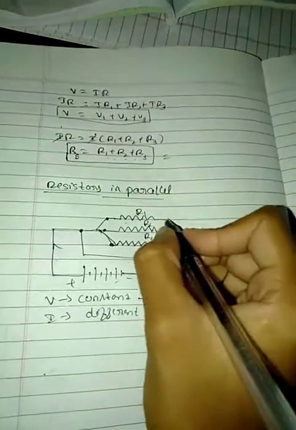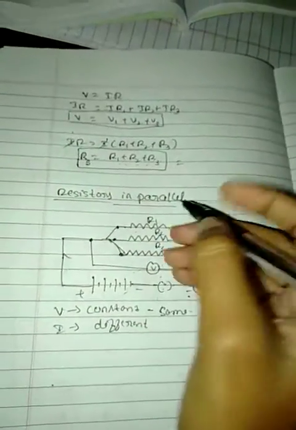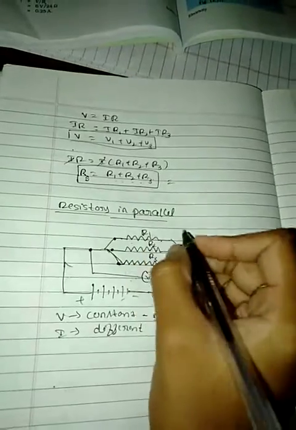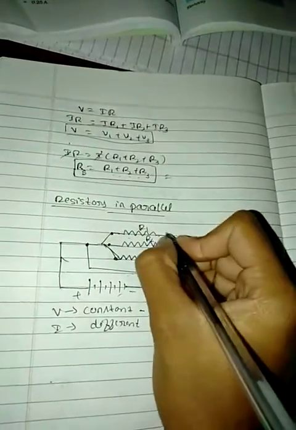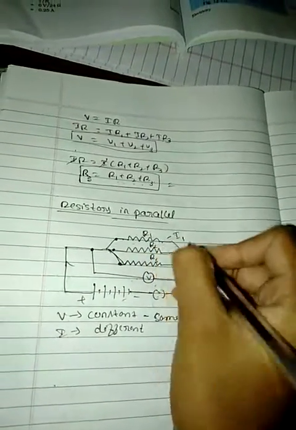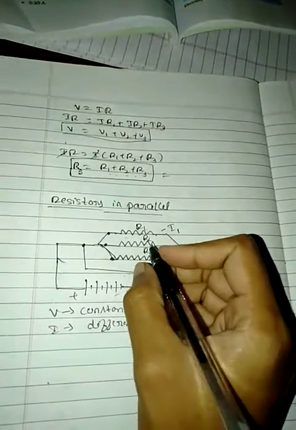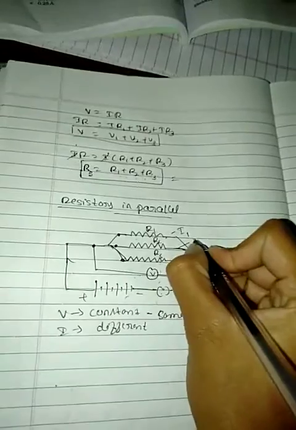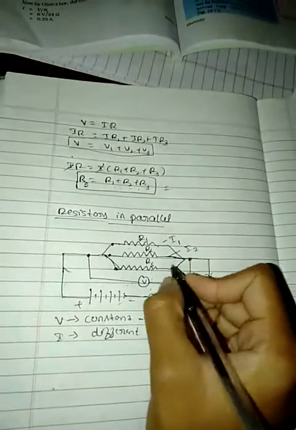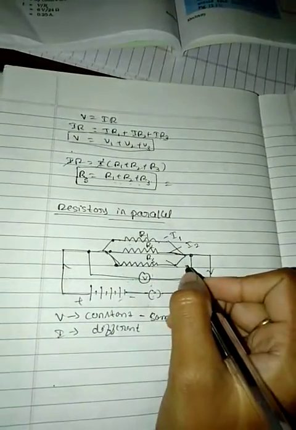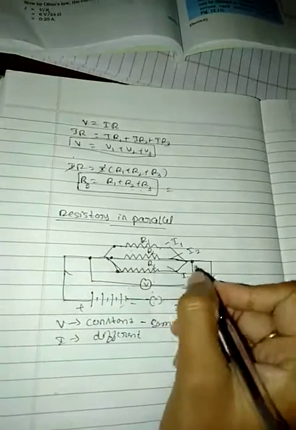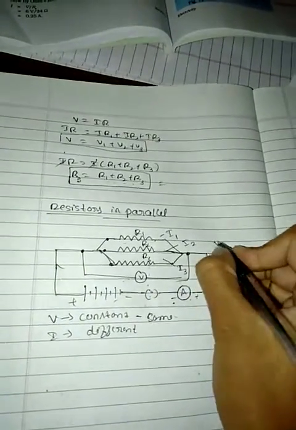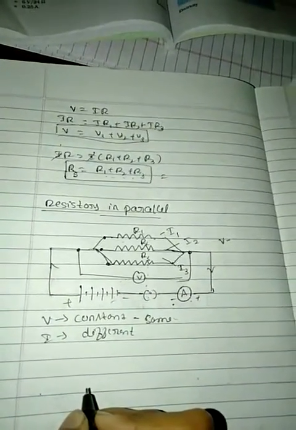If you take the first resistor and measure the current across it, it becomes I1. Now take the second resistor R2 and measure the current, it is I2. Across the third resistor the current is I3, but the potential difference V is the same.